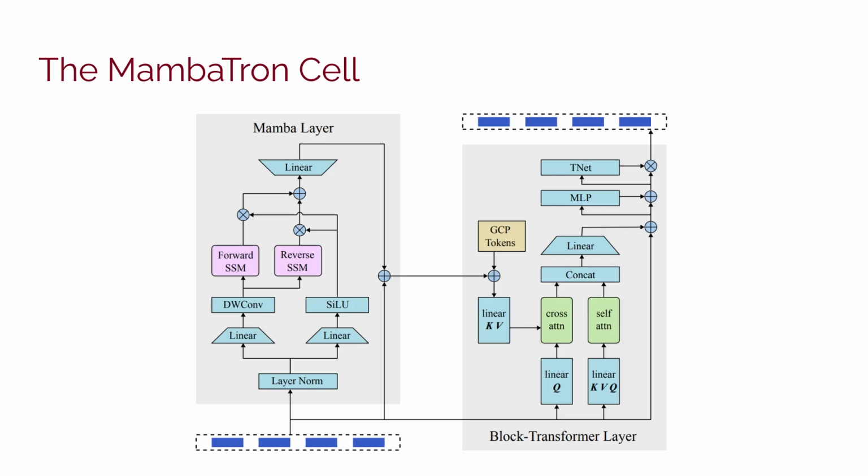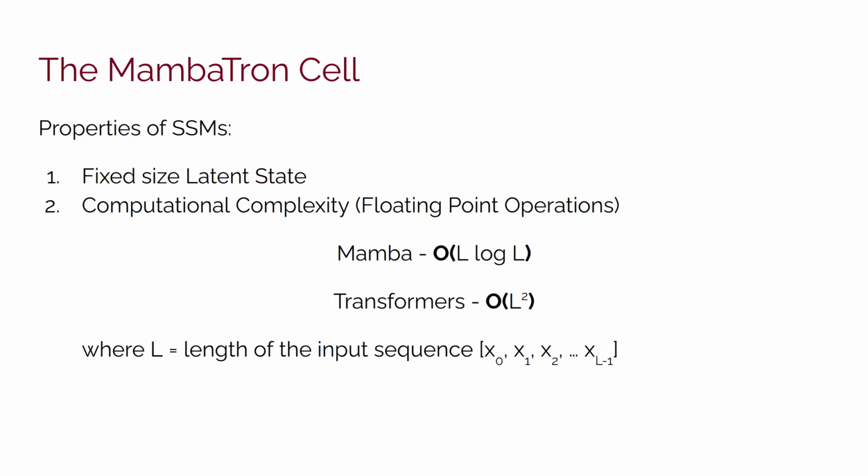And then you pass it through something called the block transformer layer, which is basically the output block of the block recurrent transformer. So some properties of SSMs: they have a fixed size latent state, similar to block recurrent transformers, and the computational complexity is given by the following.